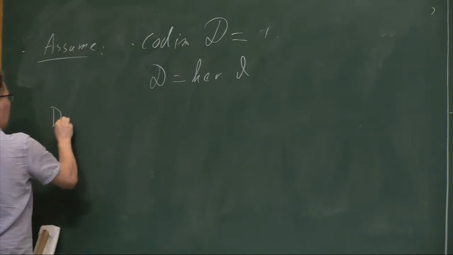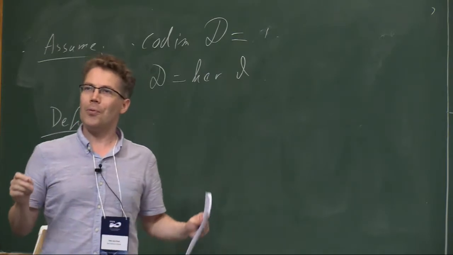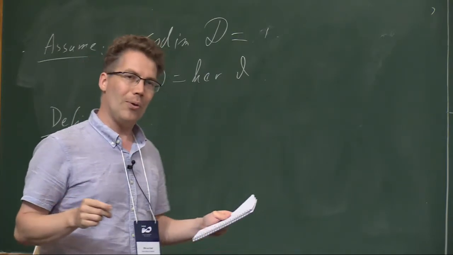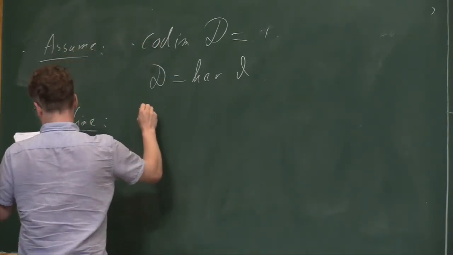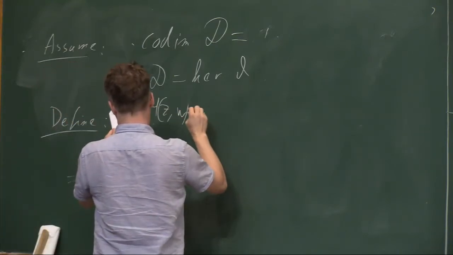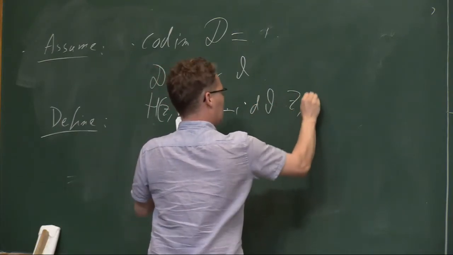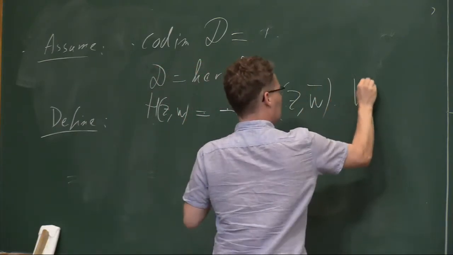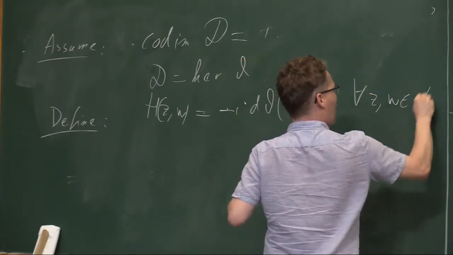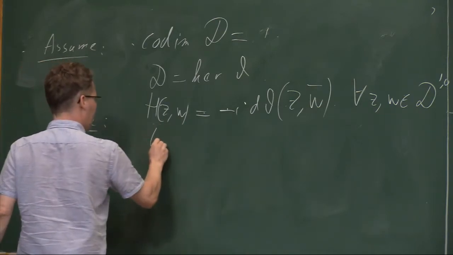So then what we are going to do is define the so-called Levi form. This is a bilinear form, and it looks like this. Okay, so this is the Levi form.